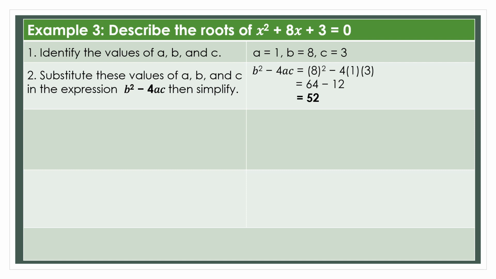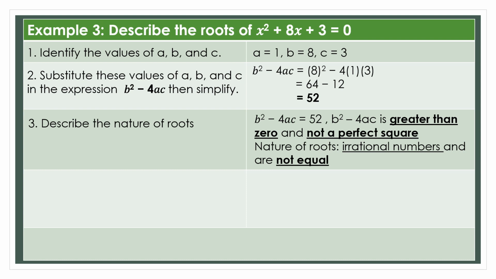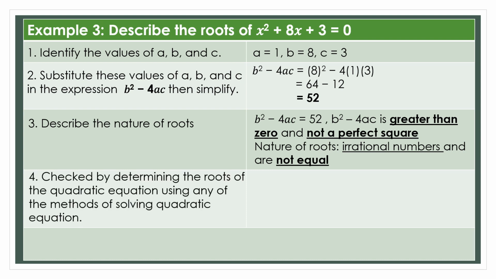The value of b squared minus 4ac is equal to 52. The third step, describe the nature of the roots. B squared minus 4ac is equal to 52, which is greater than 0 and not a perfect square number. Since 52 is not a perfect square number, the roots are irrational numbers and are not equal.